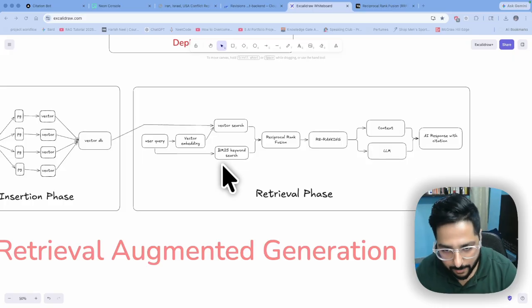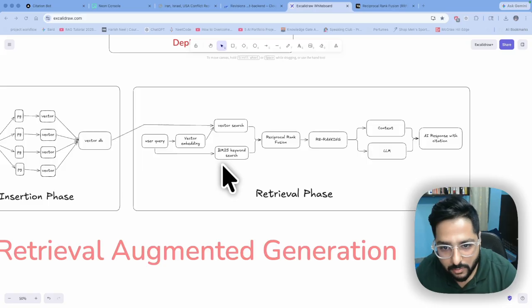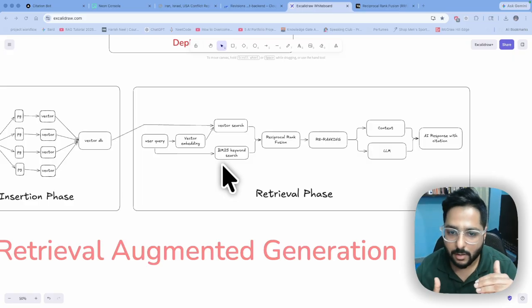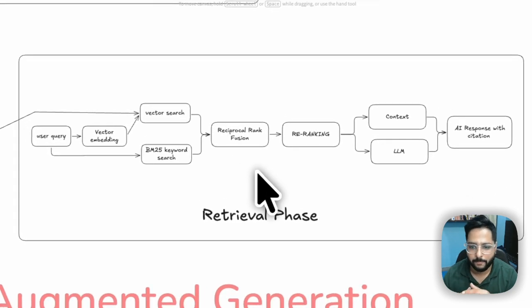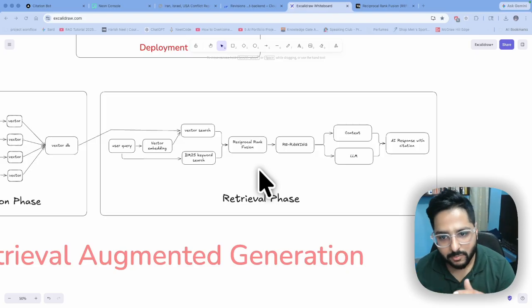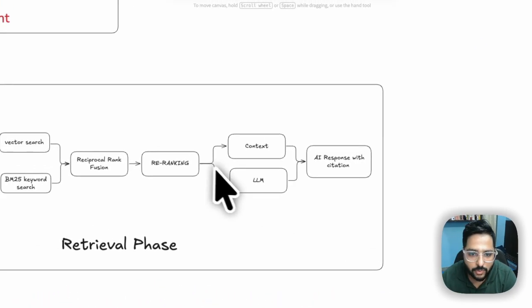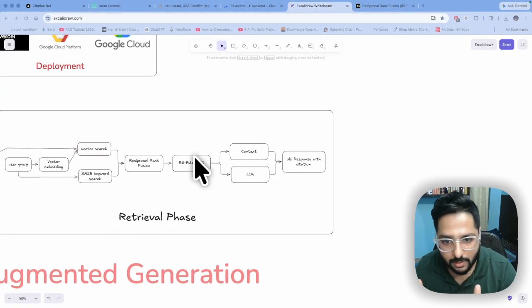So for that reason we should use a combination of keyword search to find the correct document where the reference might be, and we combine it with the vector search, and for this we use reciprocal rank fusion. It's a way of merging the results of the vector search and the keyword search, and then we do the re-ranking. From this we might get a few documents, so we have to narrow down to 1 or 2 documents. For that we do the re-ranking. After that we provide this as context to the LLM.